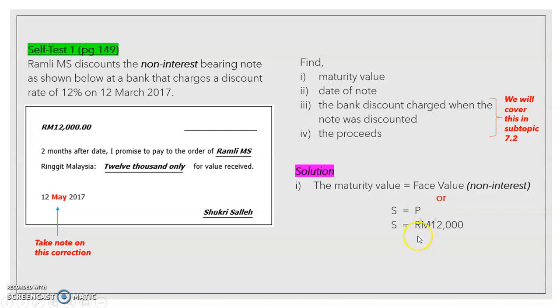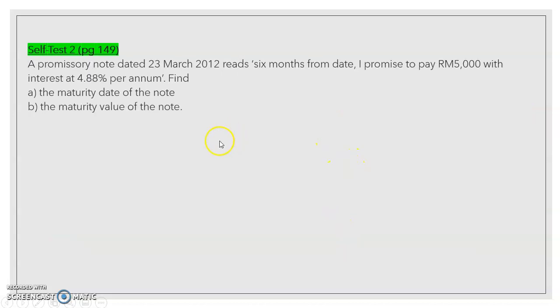So your maturity value is just going to be 12,000. Okay, what is this? This is actually a discount rate. That one you're going to learn in 7.2, not to worry. Next, what is the date of the note? The date of the note is when it is made, so it's going to be 12 March 2017.